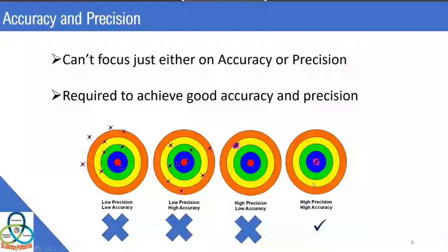So the ideal would be the fourth one, where we are able to hit the target spot and do so consistently. We are looking for high precision and high accuracy measurements.